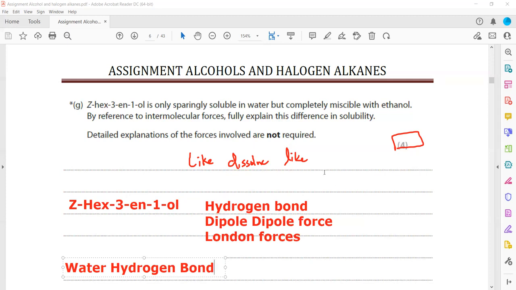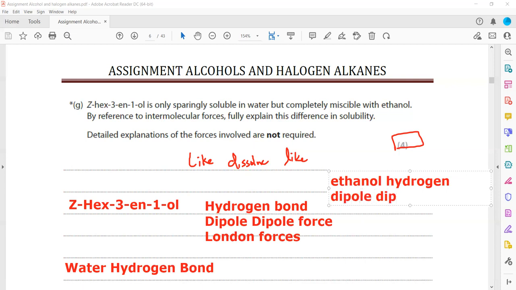Whereas when we check alcohol, ethanol, because of the OH group, it will have hydrogen bonding. Because a carbon and oxygen bond is there, it will have dipole forces. When two atoms which have a difference in electronegativity combine with each other, the bond gets polar and they will have dipole forces.